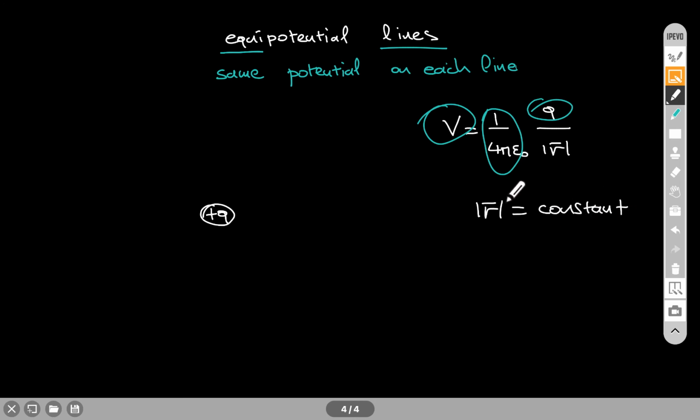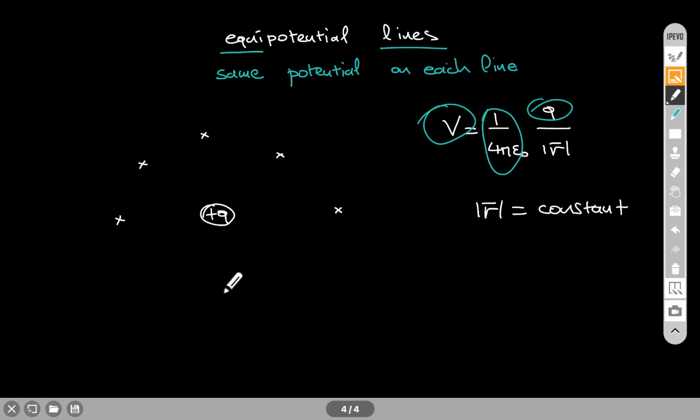Now, this is what I want you to think about. If I start from the point charge, how can I keep a constant distance? So if I am here, for example, then a constant distance would be somewhere there, somewhere there, and somewhere here.